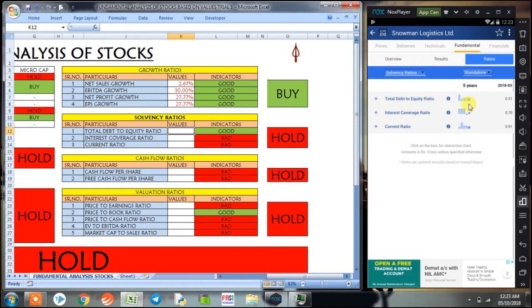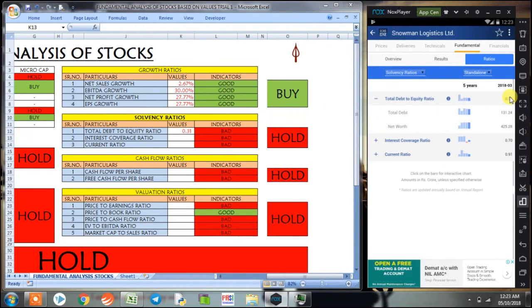So here the total debt to equity is 0.31. So 0.31, it is not good for the company. Why is it not good for the company? You could see here the total debt is 131 crores, whereas the net worth is 425 crores. Second, interest coverage ratio is 0.7 times of the EBIT.